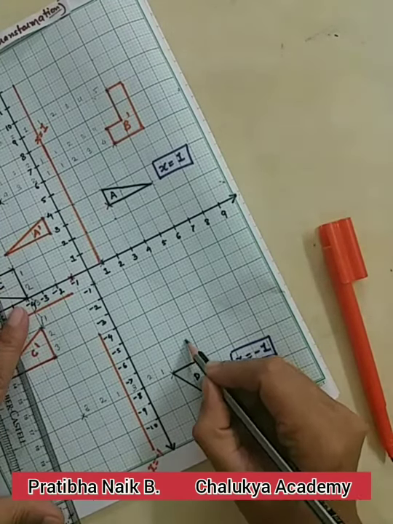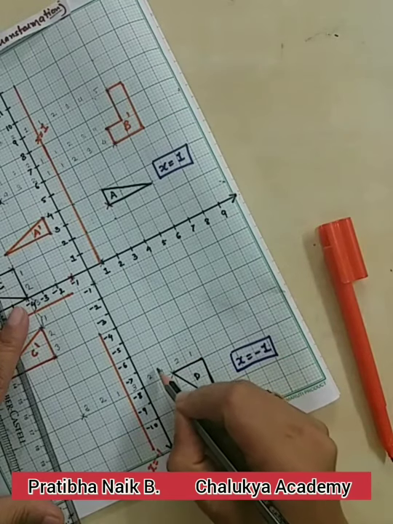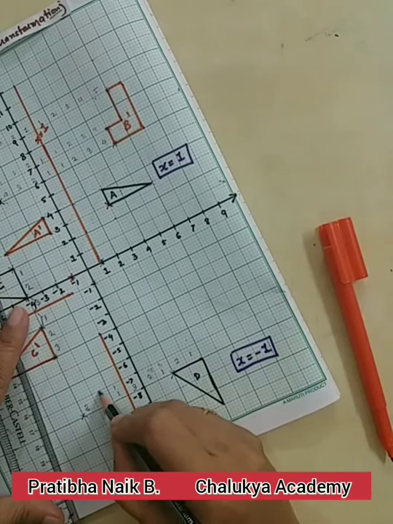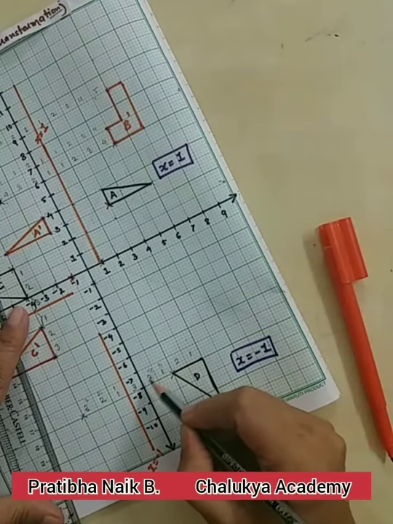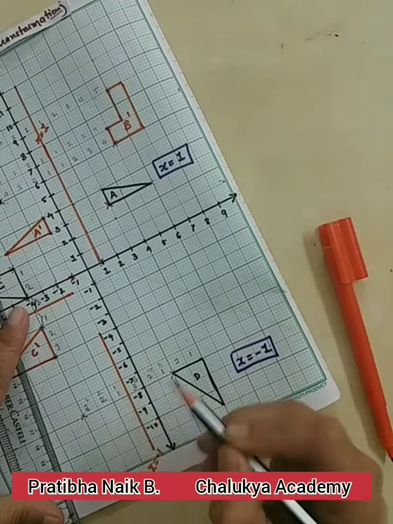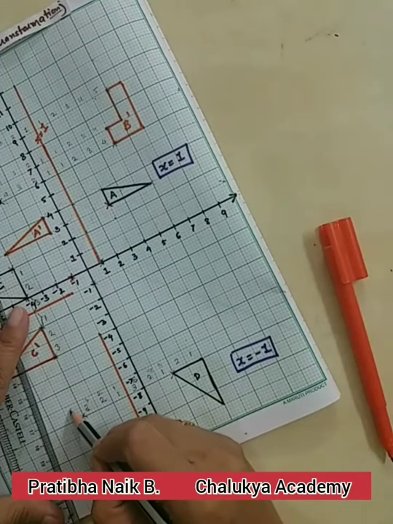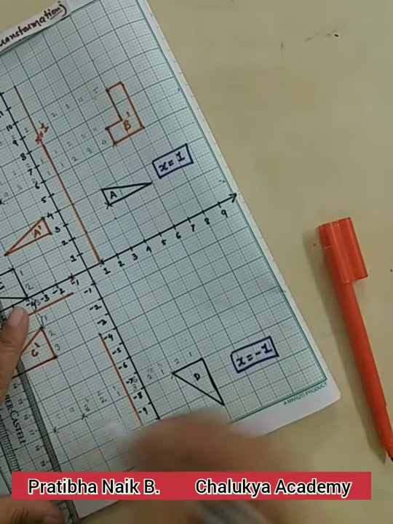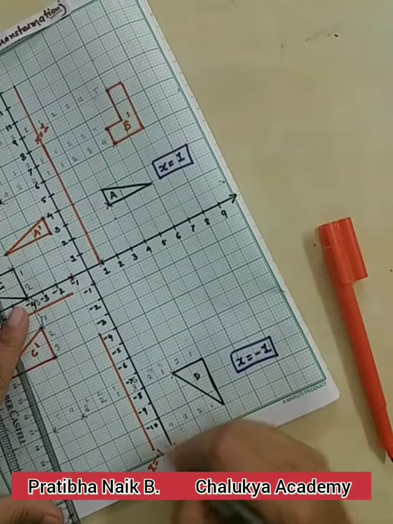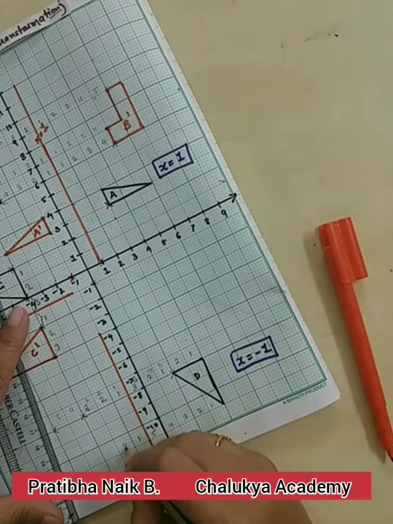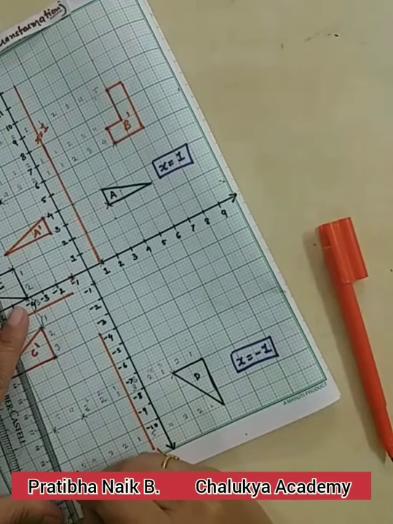Again this one, you can see this is 1, 2, 3, 4, 5. So this is the case. Now again we will go here. So this is 1, 2, 3, 4, 5.